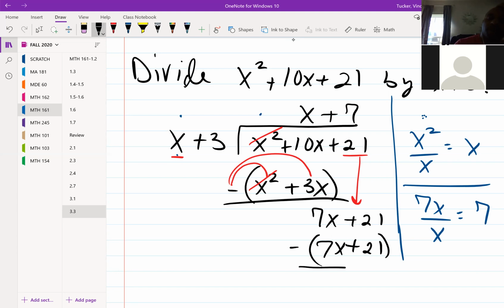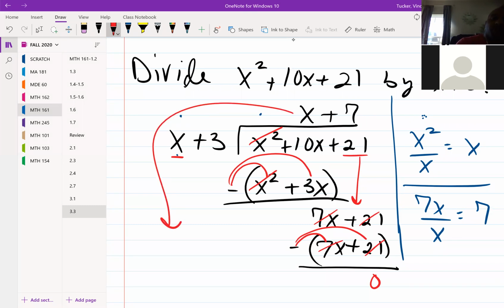Subtract. 7x minus 7x cancels. 21 minus 21 cancels as well. Give me a remainder of 0. So my answer is just going to be x plus 7. Did not have a remainder. All right, questions before we do another one?